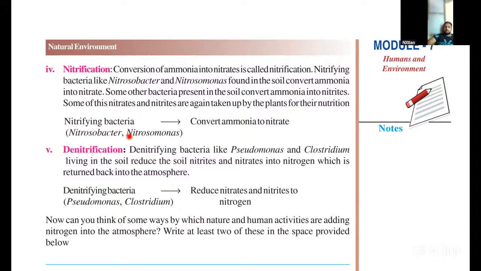That ammonia then goes through the process of nitrification, in which some bacteria called Nitrobacter or Nitrosomonas convert it into nitrites and nitrates. These bacteria convert ammonia into nitrates NO3 or NO2. Now NO2 and NO3 can be taken up by the plant.